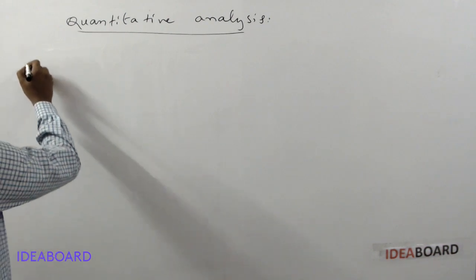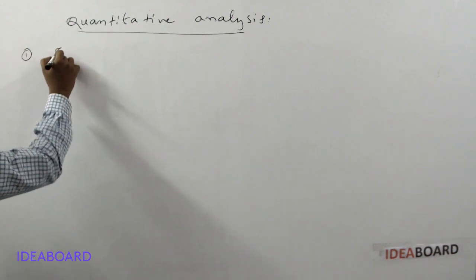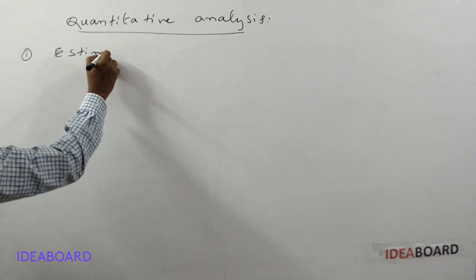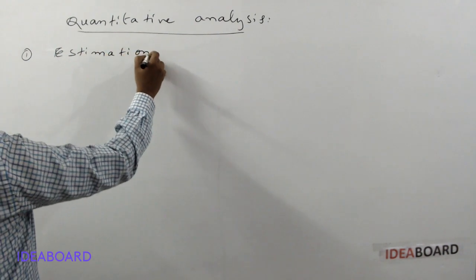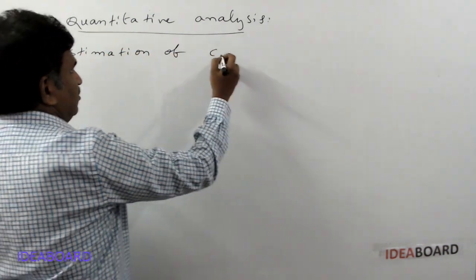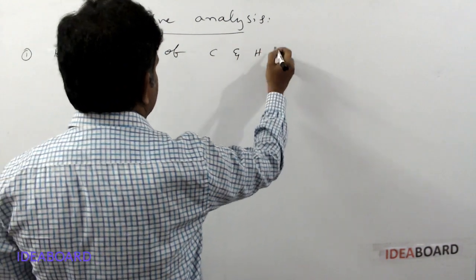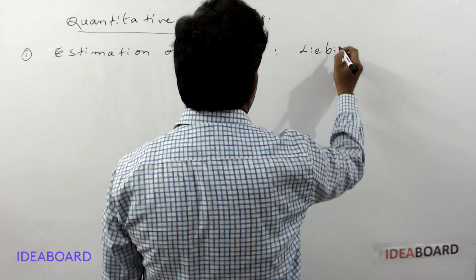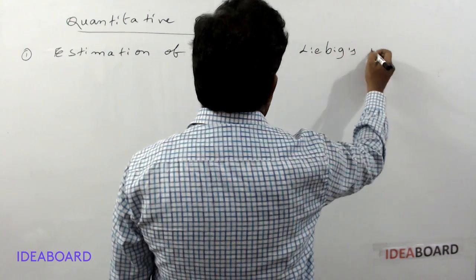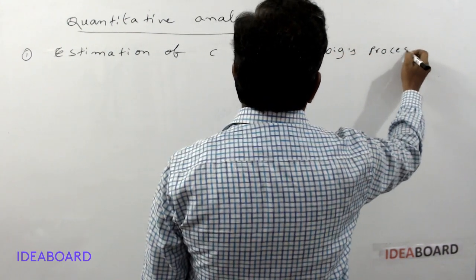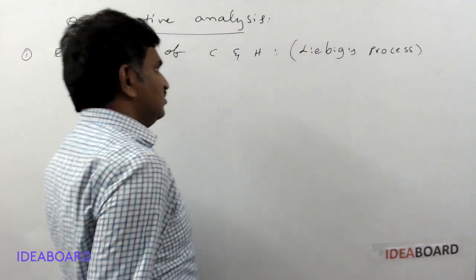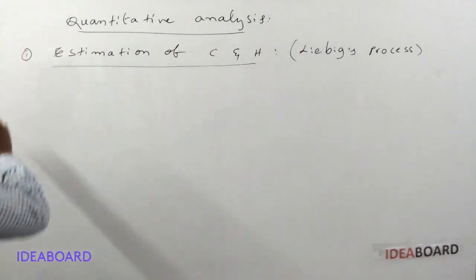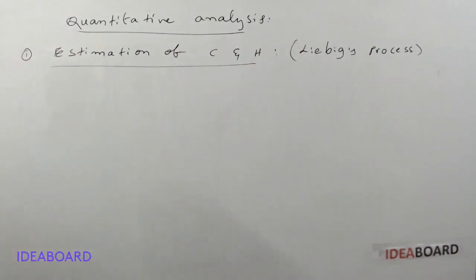The first one is estimation of carbon and hydrogen. The method used for this is called Liebig's process. So for the carbon and hydrogen estimation, we are using Liebig's process.